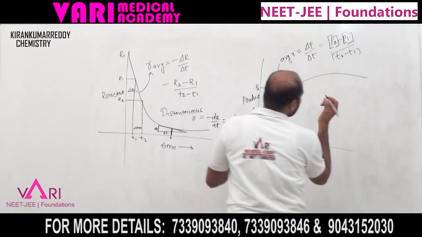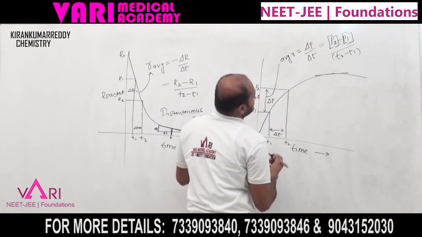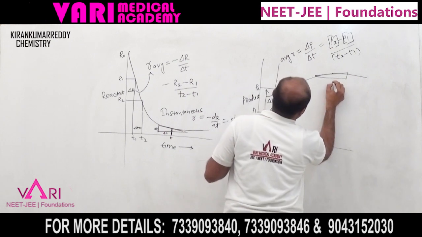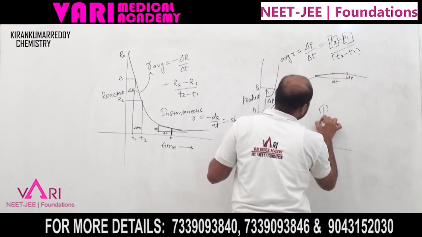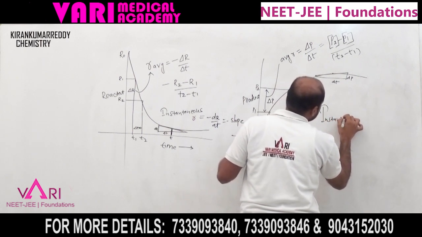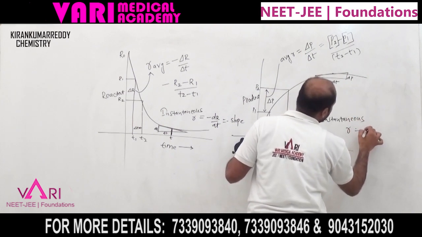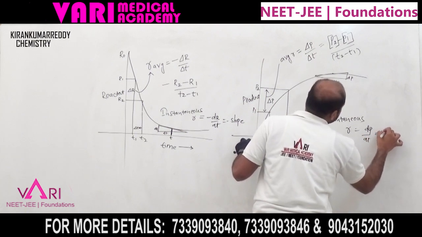Now at a particular point I draw the tangent, here dt and here dP. Now the instantaneous rate of reaction R is equal to dP by dt, which is equal to the positive slope.